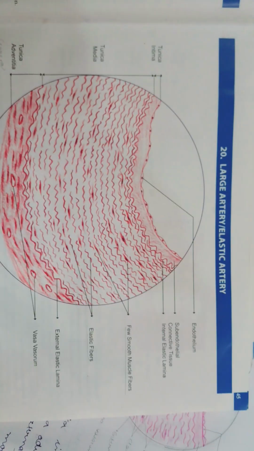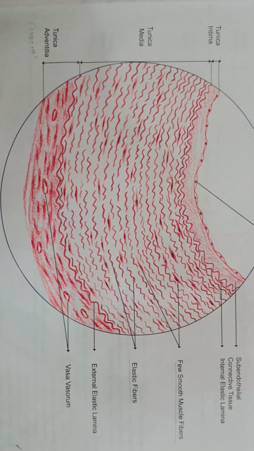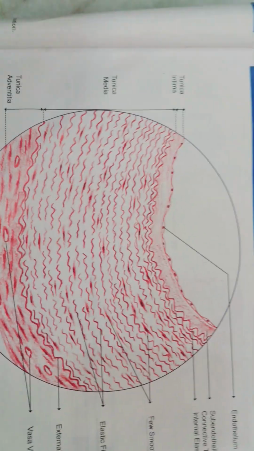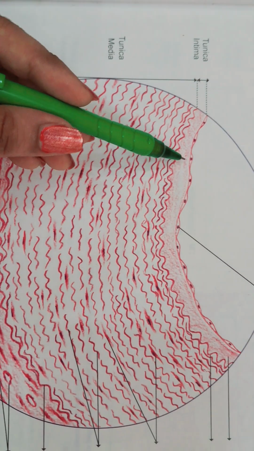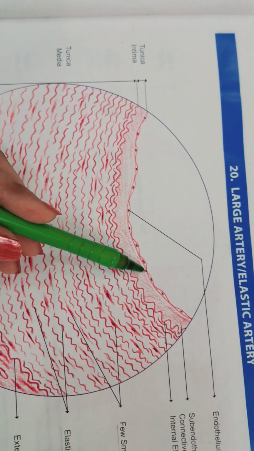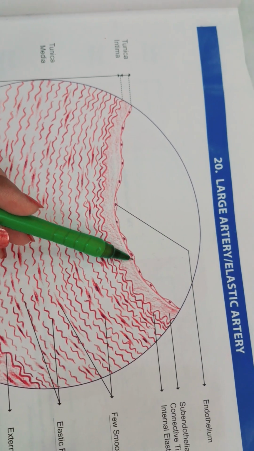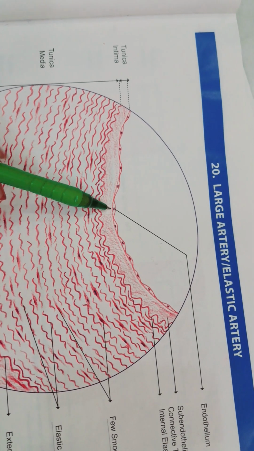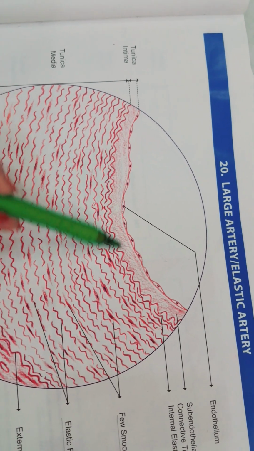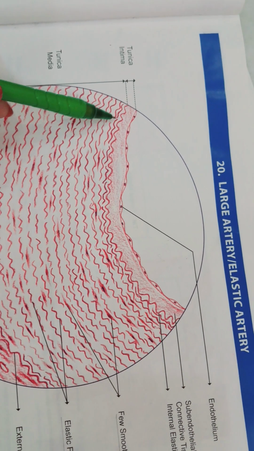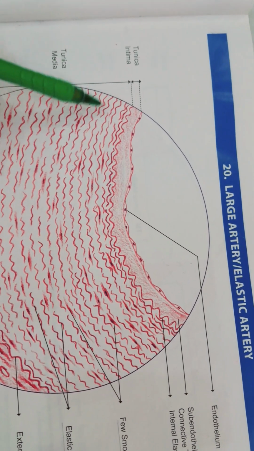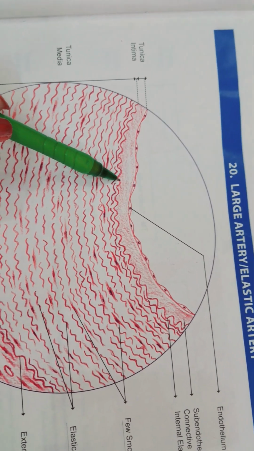Now let us see how to draw the large artery or elastic artery. First we need to draw the flattened cells which cover the endothelium, which is known as endothelium, and then we need to draw subendothelial connective tissue, and then internal elastic lamina.